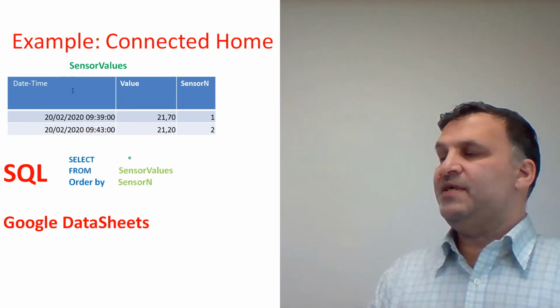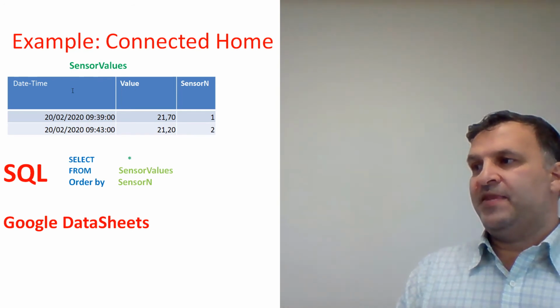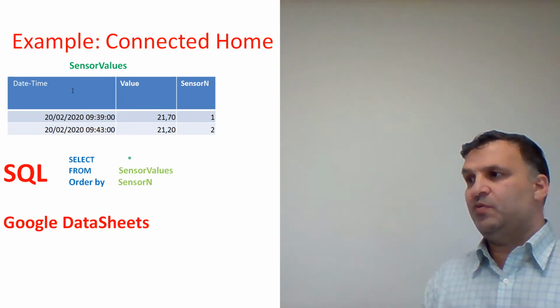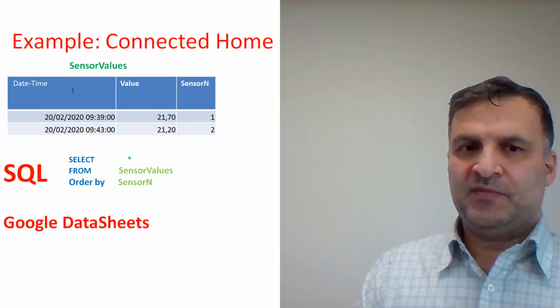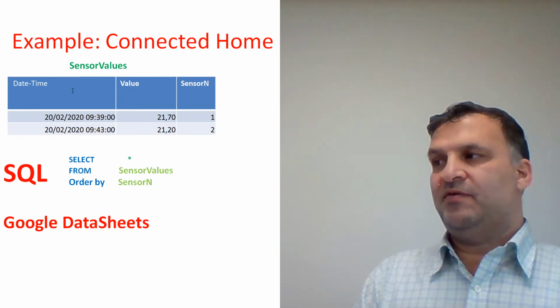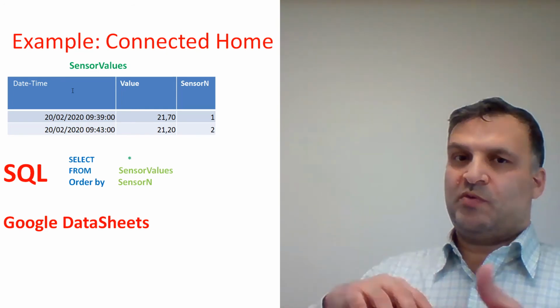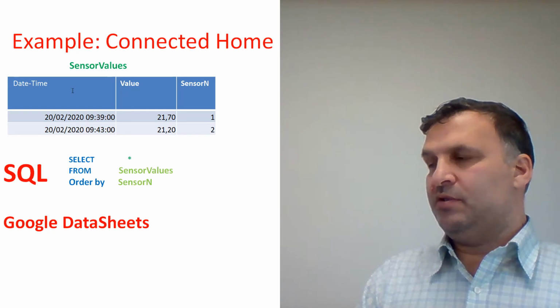It is easy. That means we will organize the output regarding the parameter that we chose. We choose sensor number. That means that the results will be organized by number 1, number 2, number 17, or we can also change the order.